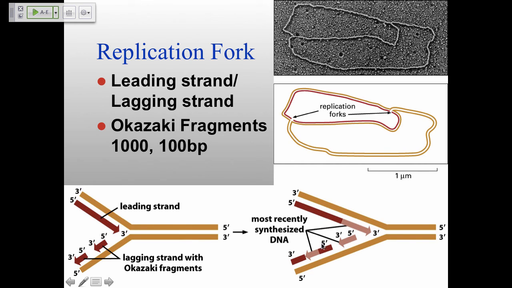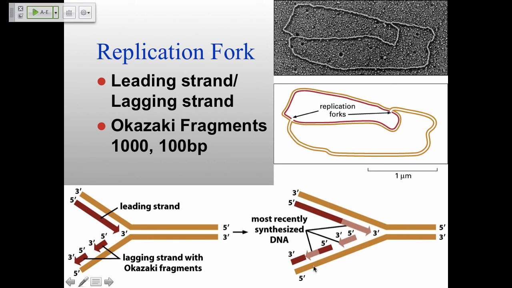People will talk about this as being a discontinuous replication process because we've got these individual pieces which are being made here. These individual pieces are being made discontinuously. This piece, on the other hand, is a continuous process.